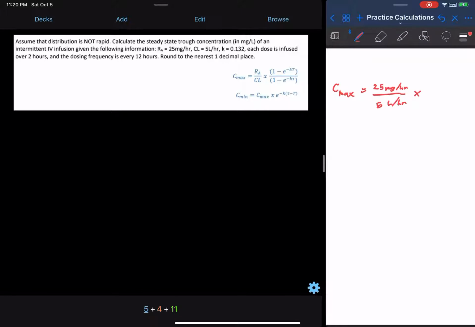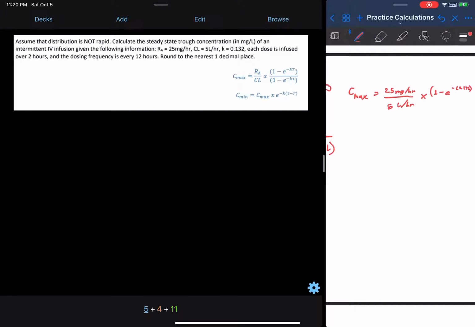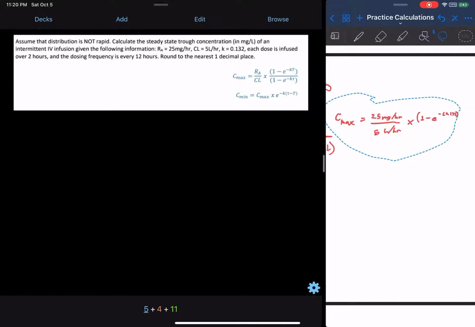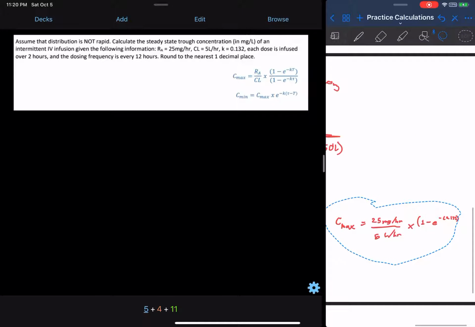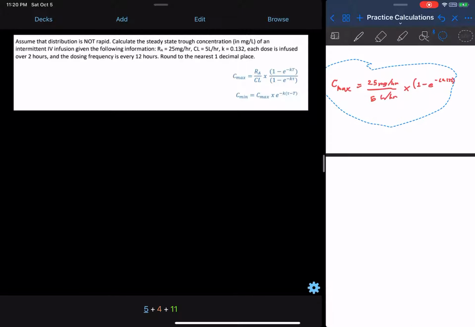Cmax is equal to, okay, there's not enough room for this. Okay, what are we gonna do? Can we move it? Please tell me we can move it. Yes, we can. That's great. Let's start a new page.